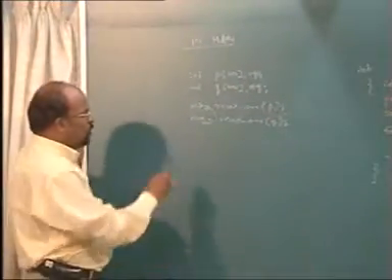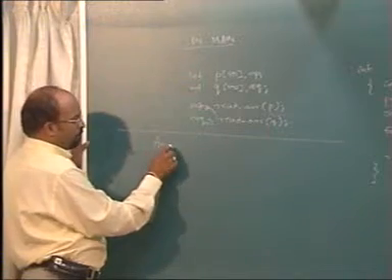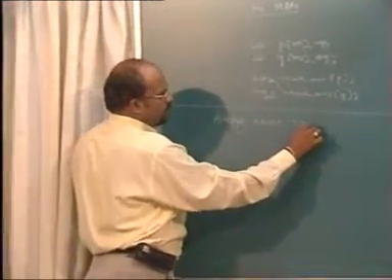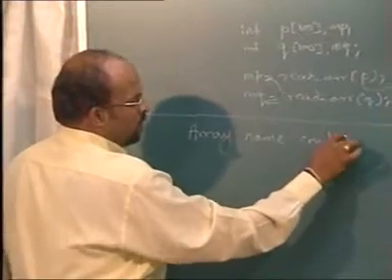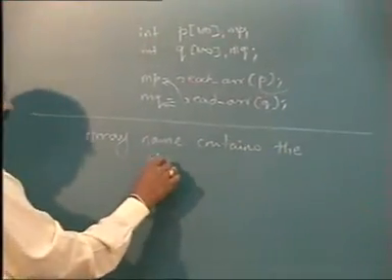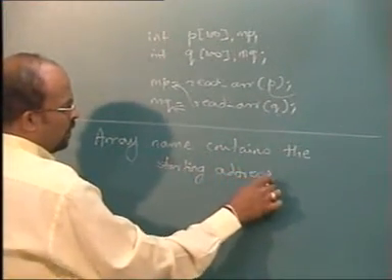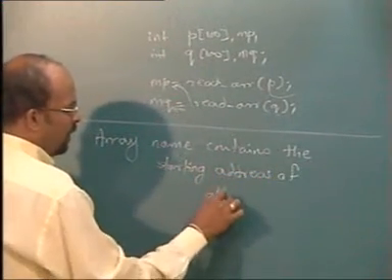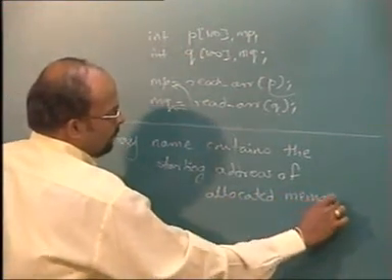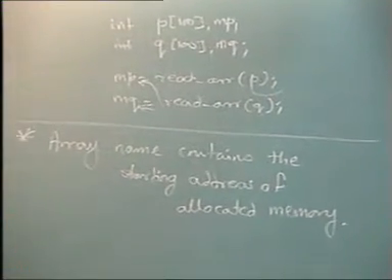The first point over here: array name contains the starting address of allocated memory.